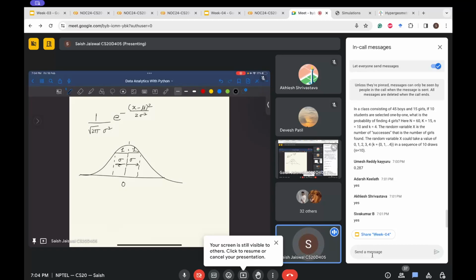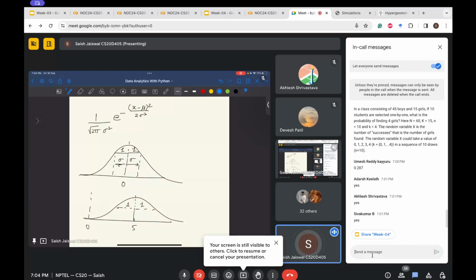Now if the mean is 5, the distribution will shift over here, and let's say standard deviation is still 1. The mean has shifted by 5.